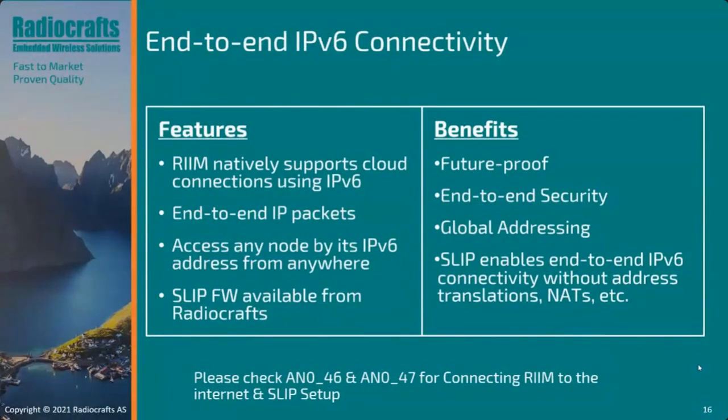As we said, RIIM natively supports cloud connections using IP version 6, which ensures end-to-end IP packets. Of course, this gives huge benefits when it comes to being future-proof, when it comes to achieving end-to-end security, where the packets are not translated to any other protocol in the middle of their journey. And of course, for global addressing.